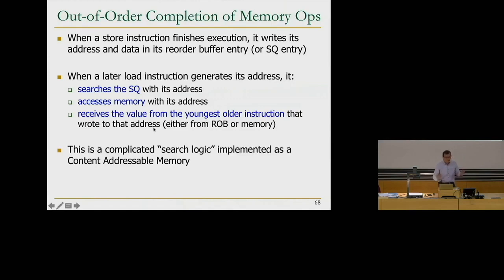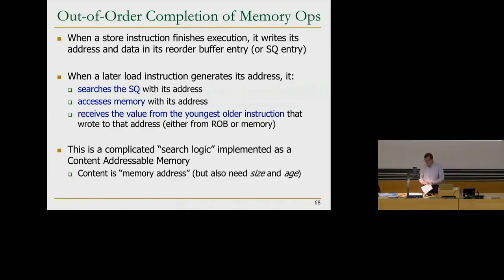To be able to do this, you need complicated search logic. Remember the content addressable memory that I introduced in the previous lecture? This is the worst content addressable memory that you have to enable out-of-order execution of loads and stores. The content is really the memory address, but you also need other stuff, like the size and the age.